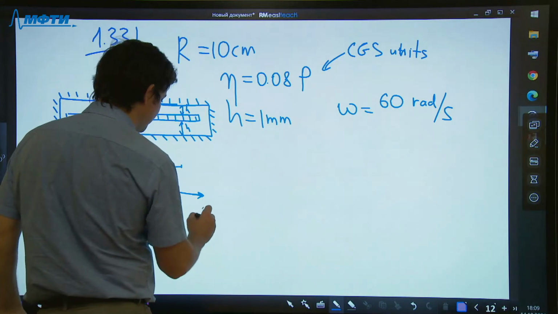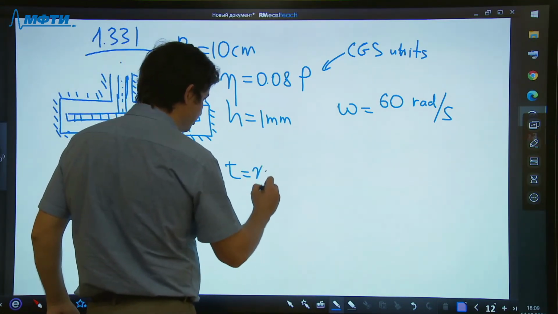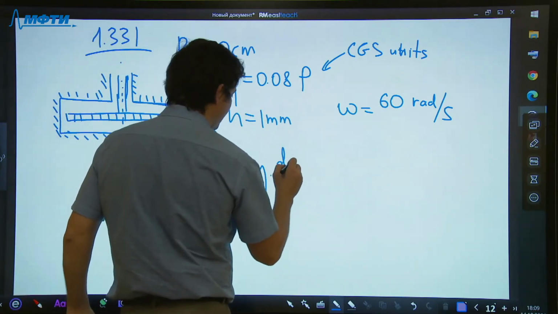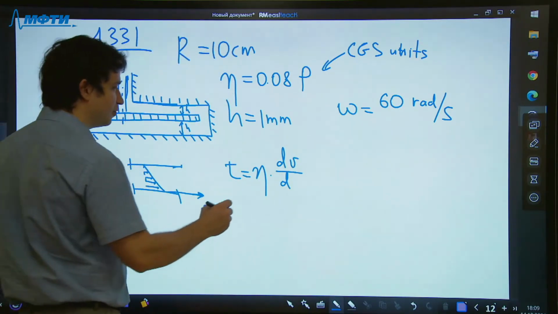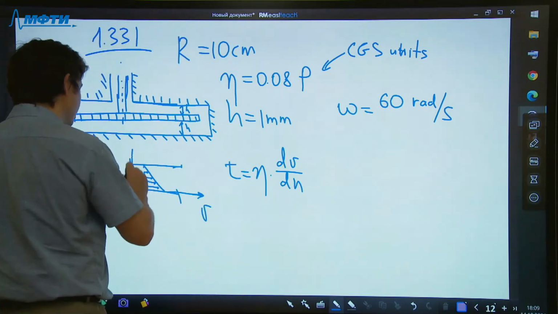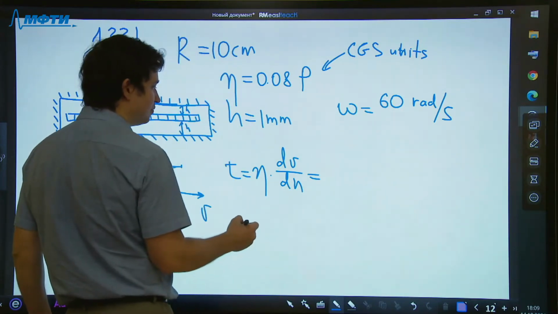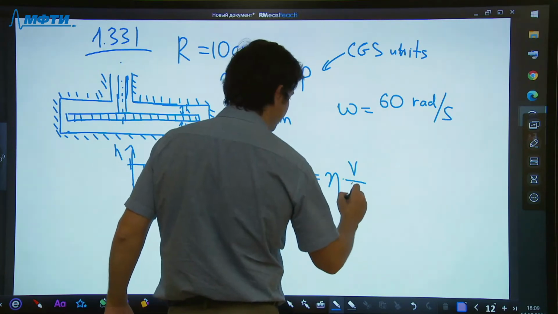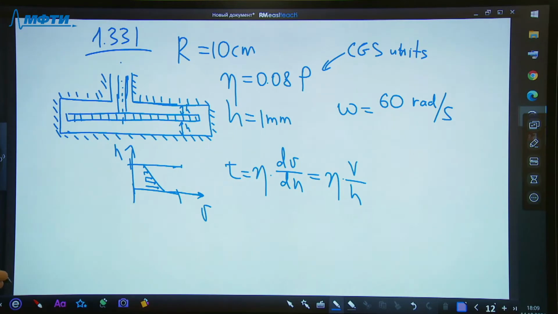So let's assume that this velocity is equal to V, and then the shear stress would be equal to the product of the viscosity coefficient by the derivative of the velocity over the normal direction. So here goes the normal to this plane. That means this is eta times V over h, where h is the separation or clearance between the disk and the cavity.